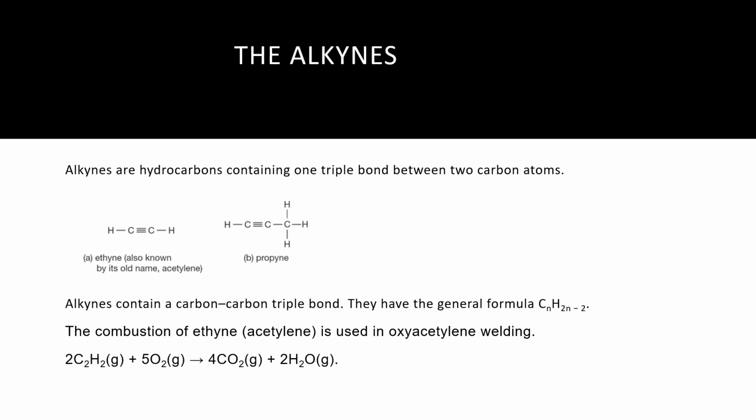They have the general formula CnH2n-2. The combustion of acetylene is used in oxyacetylene welding. In welding, we use an oxyacetylene flame, which produces great energy. C2H2 in O2 gives carbon dioxide gas and H2O with the energy. We move to the other slide.